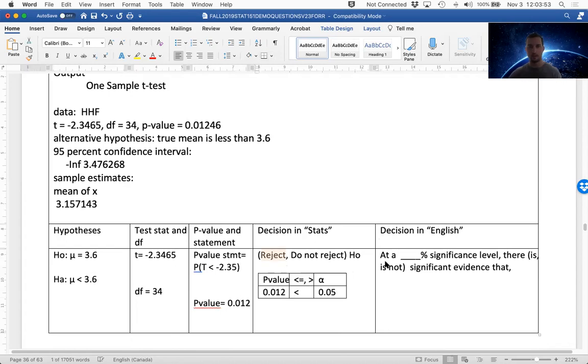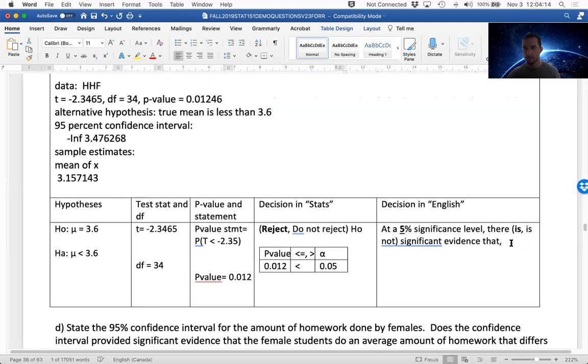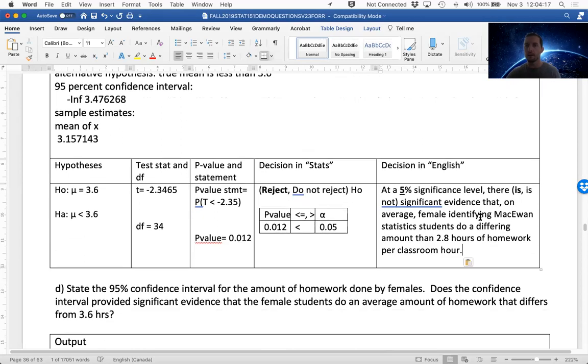So we can reject the null, and then we can say at the 5% significance level, there is significant evidence that on average, female identifying McCuding students do less than 3.6 hours of homework per classroom hour.